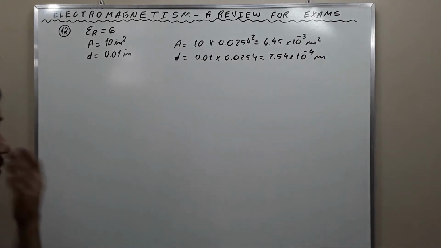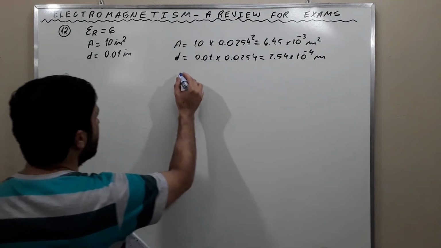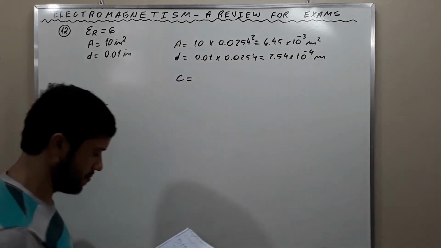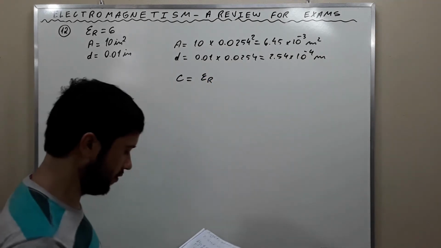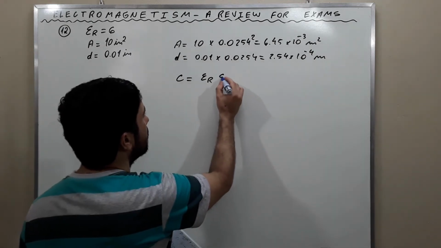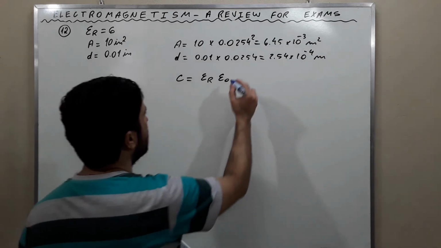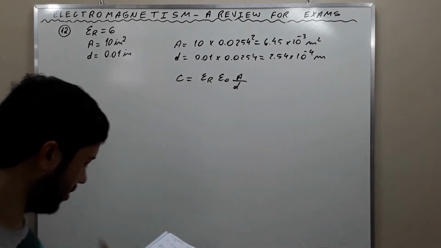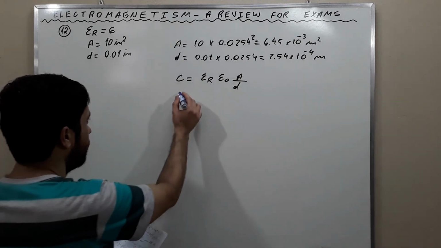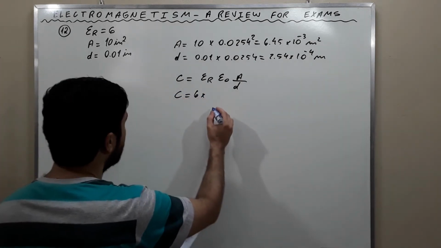And with these values, we can calculate the capacitance using this expression here. Relative permittivity times the permittivity of free space, times the area divided by the separation, and we simply compute using the values that the exercise gave us.